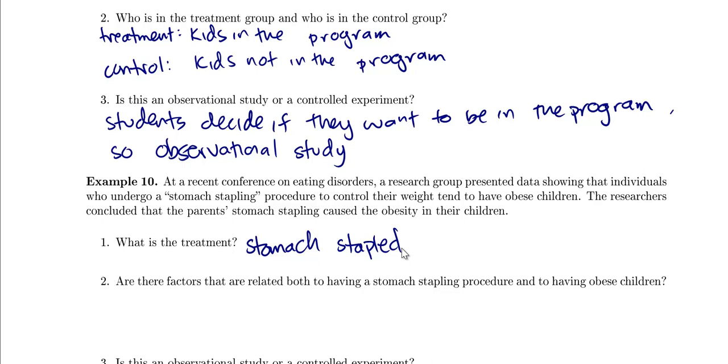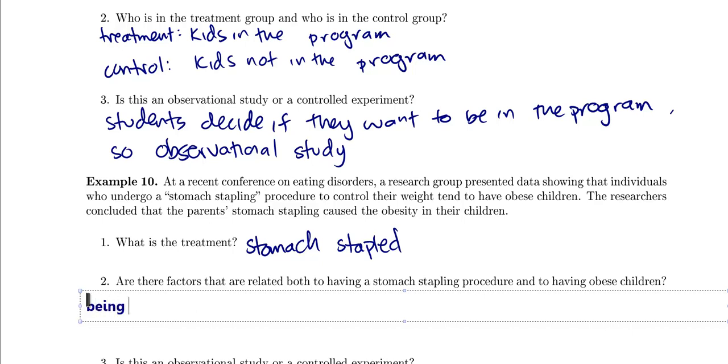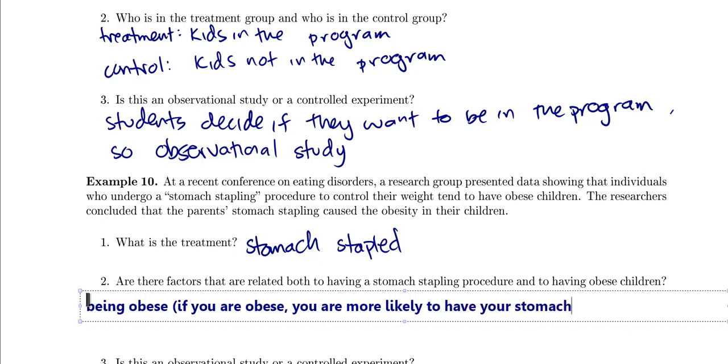Now, are there factors that are related to both having a stomach stapling procedure and having obese children? Yes. The main one being if you are obese. Because if you are obese, you are more likely to have your stomach stapled. Okay, because why would you have your stomach stapled if you weren't obese?